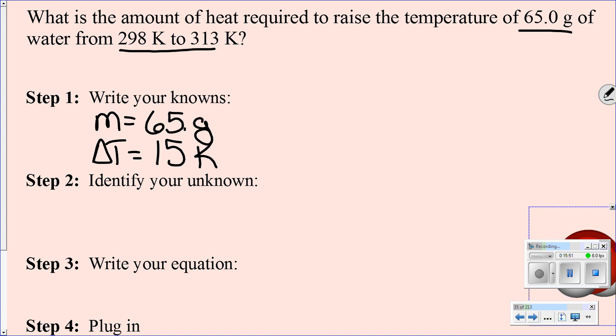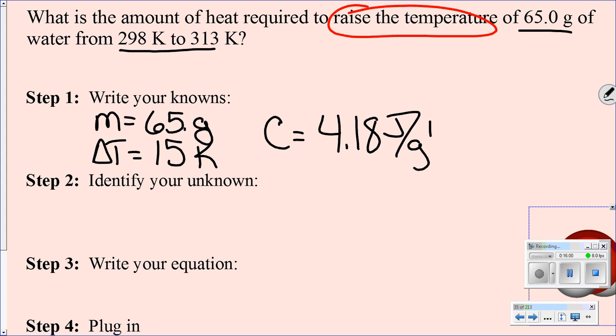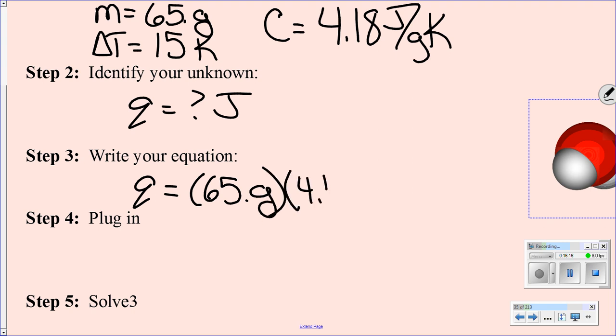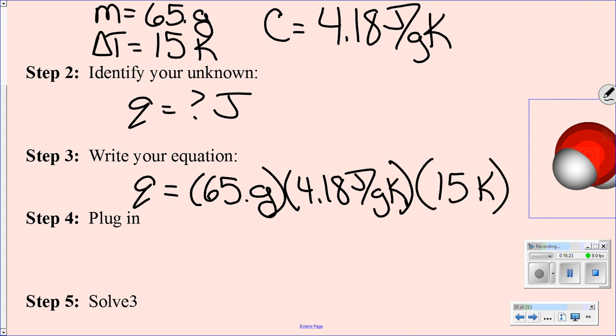Because we're raising temperature, so temperature is changing, that tells me I'm going to use C, which is 4.18 joules per gram Kelvin from table D. Our unknown here is going to be Q. So we plug in our 65 grams, 4.18 joules per gram Kelvin, and 15 Kelvin.